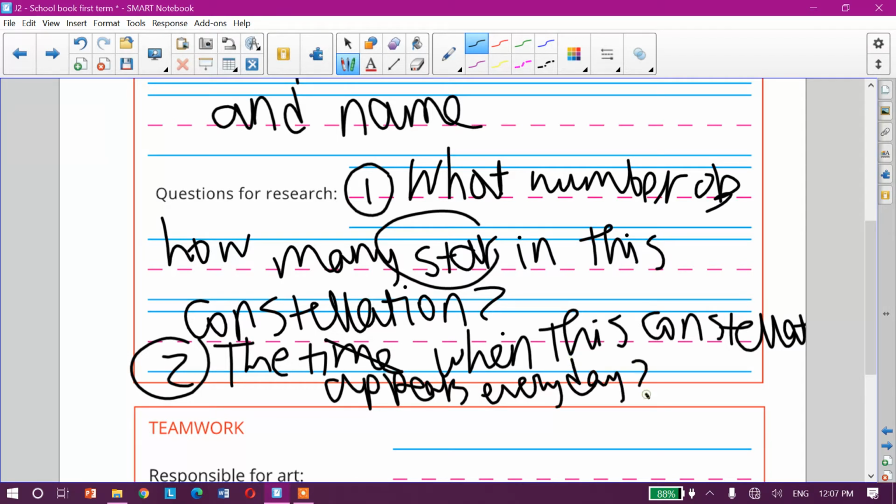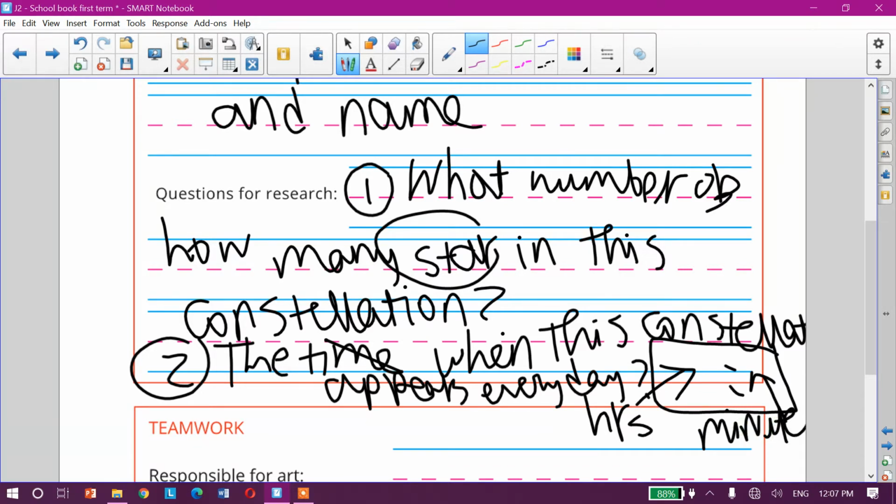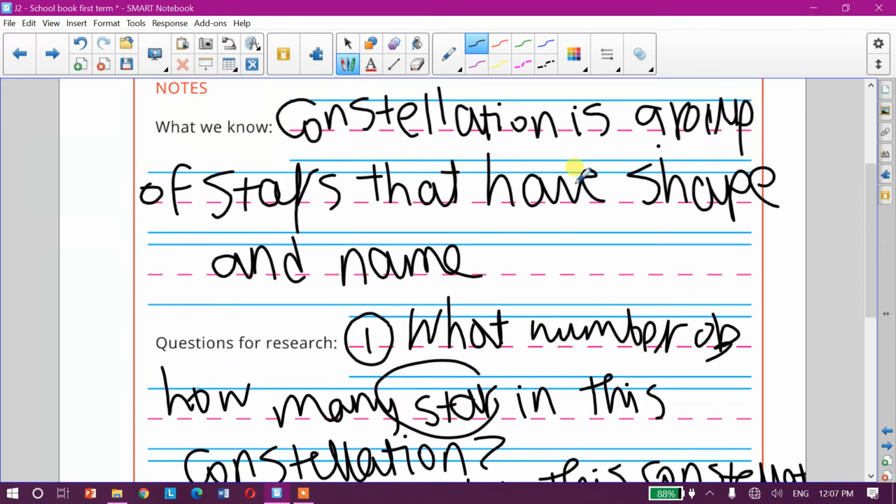I want you to find exactly the time of appearing of this constellation in digital form. You will write the hours and the minutes of the time of appearing of this constellation. So this is a research. I want to know different information from it.